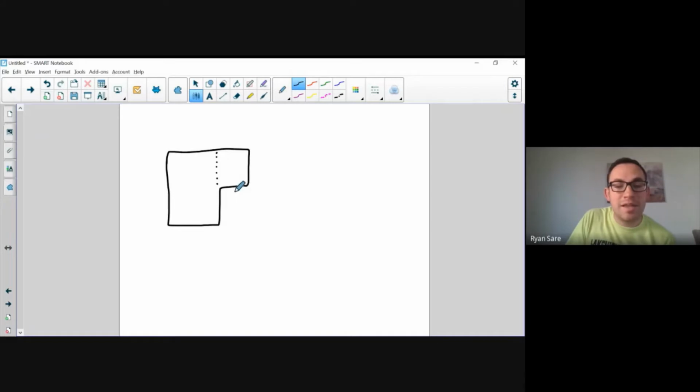And so let's say this was 2 meters, and this was 3 meters, and this side is 6 meters, and this side is 4 meters. We learned that we can find the area of each square. I'm going to call this square A and this square B by multiplying these side lengths to find the area, and then multiply these side lengths to find the area and add them together.